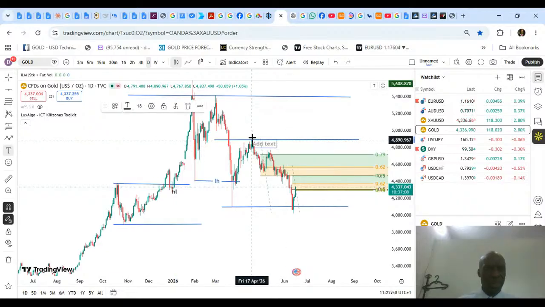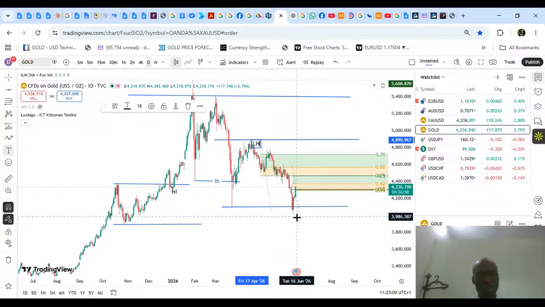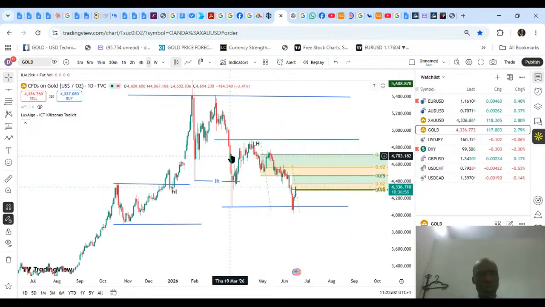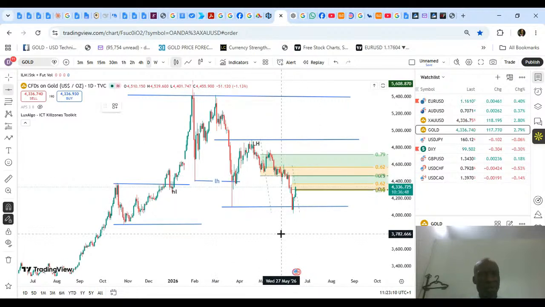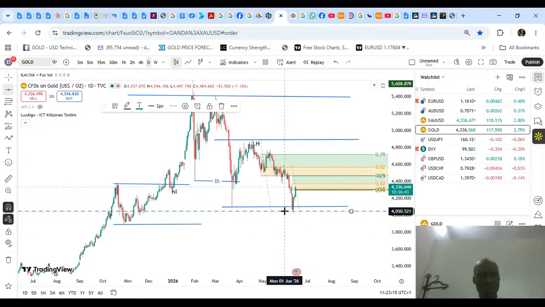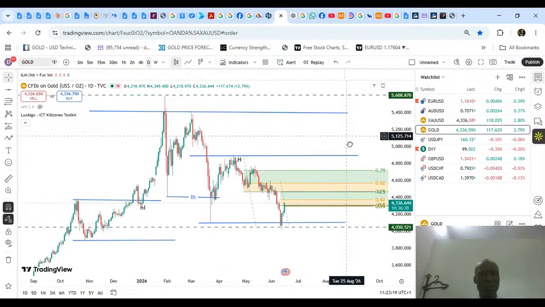This is a key level. Let's call it the lower high. And then from where it broke through and created this new lower low, between here and here, this is where we have our trading zone.